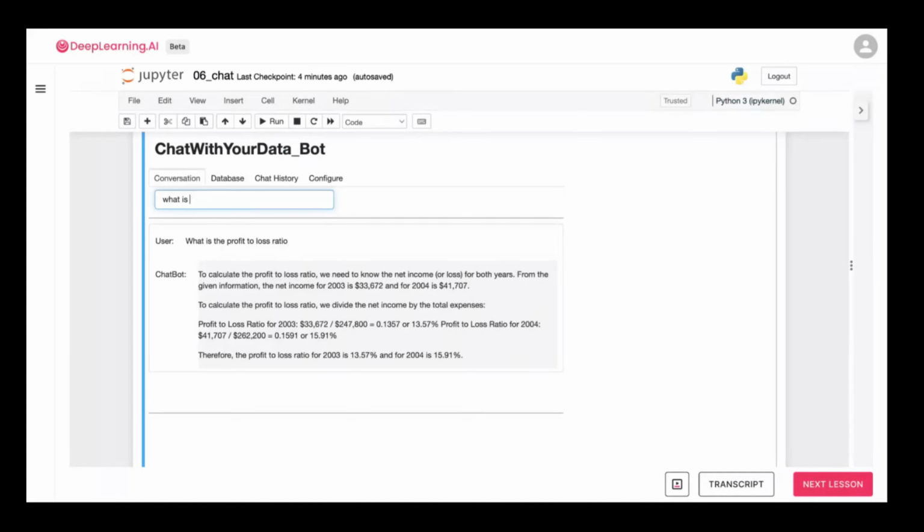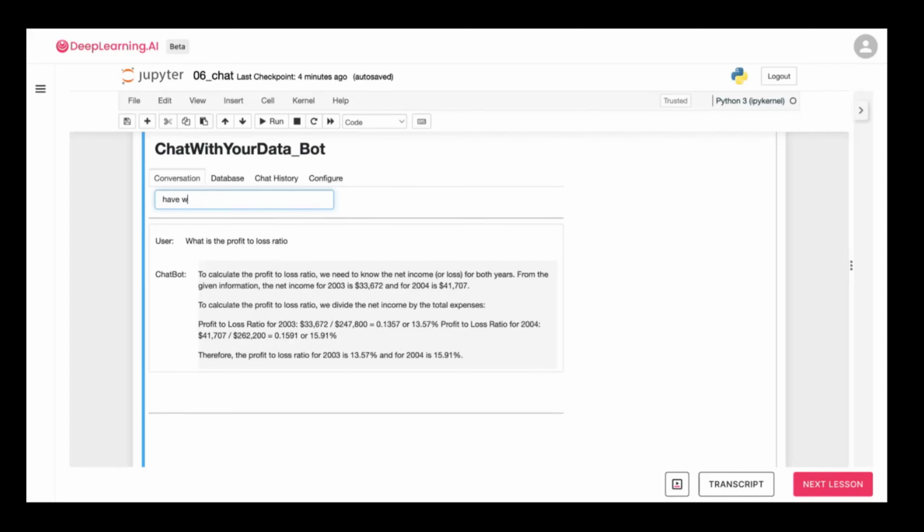But is it a loss or is it a profit? We don't know. So maybe we're trying to compare how much we've lost between the years, percentage wise.